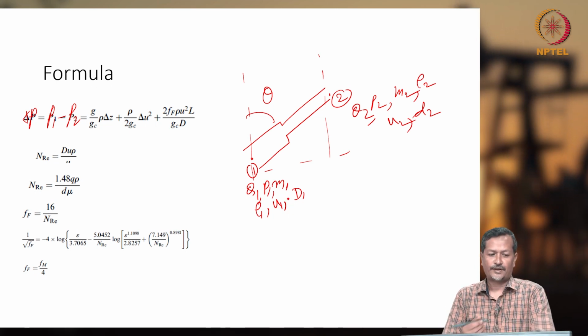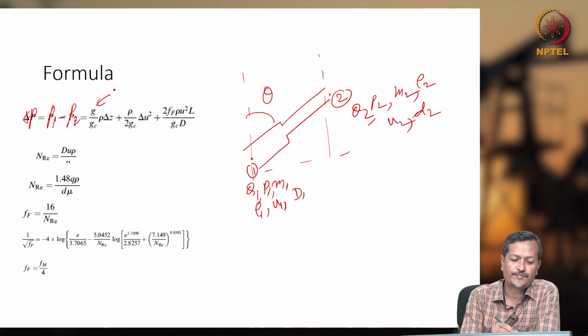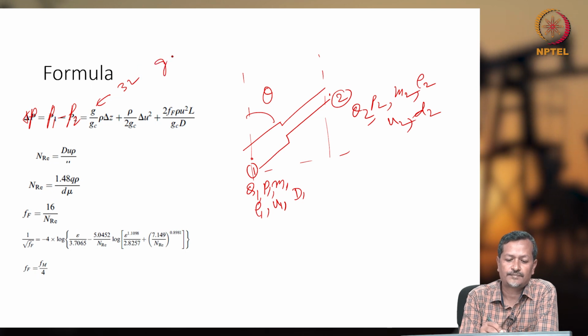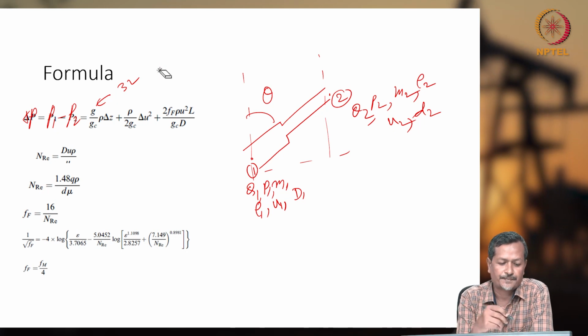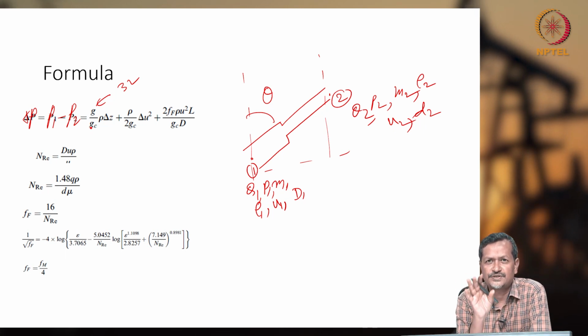Now g by gc, g equals acceleration due to gravity in FPS units, so 32.17 pound per second square. The gc ratio will be 1 actually. If you are changing location, then the gc value will be different. Otherwise, normally we are assuming g by gc equals 1.